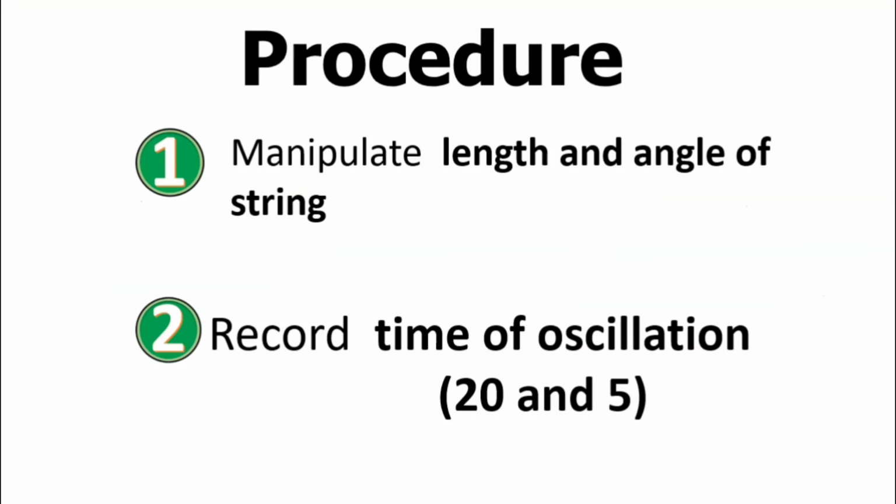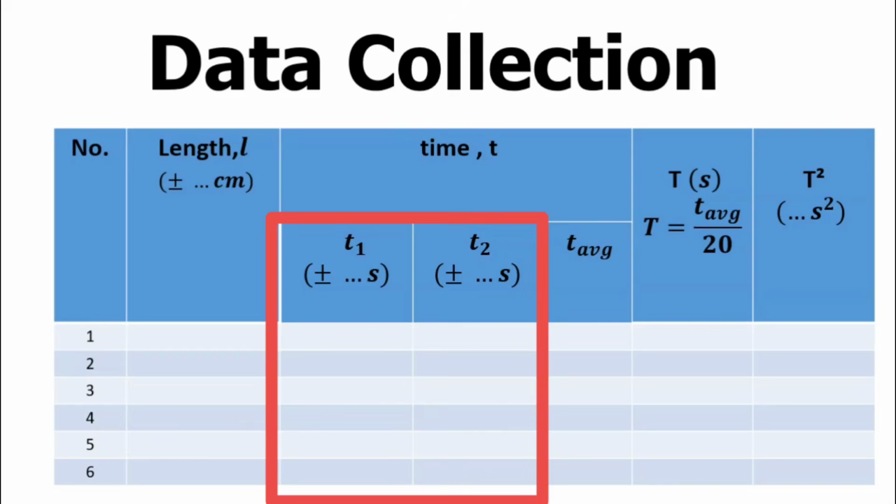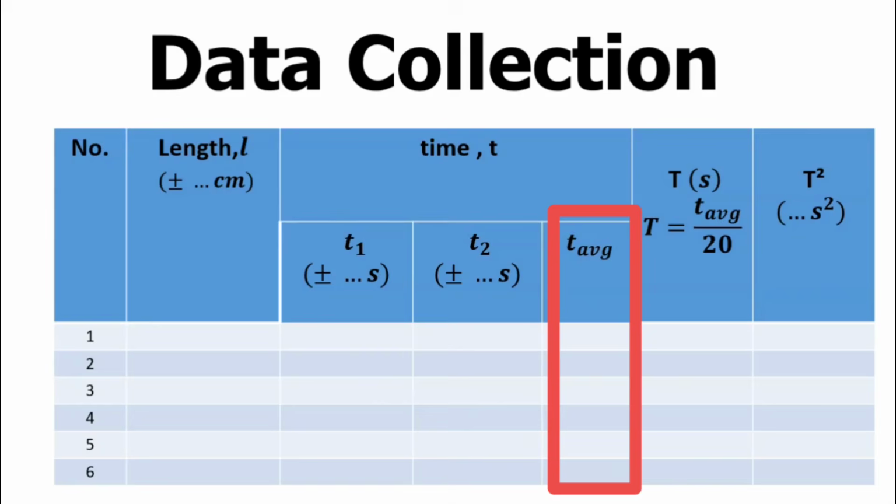In the experiment, you are going to manipulate the length and the angle of the string, and record the time of oscillation. Finally, before going to the apparatus and setup video, we are going to present you with a table for data collection. Repeat each set at least twice and find the average.